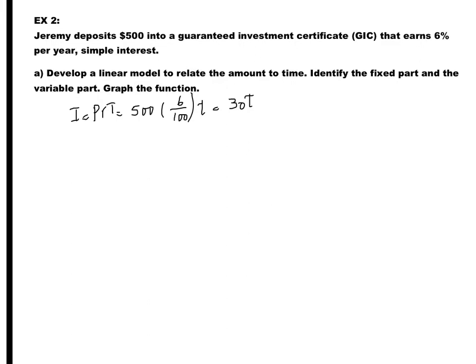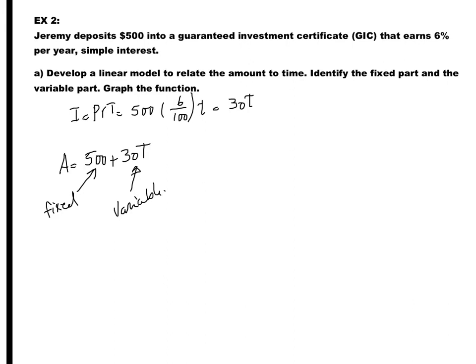Now, the amount, which is the future value, if you call it A, is the initial amount, which is 500, plus the interest, 30T. Now, the 500 is the fixed part, and the 30T is going to be the variable part.